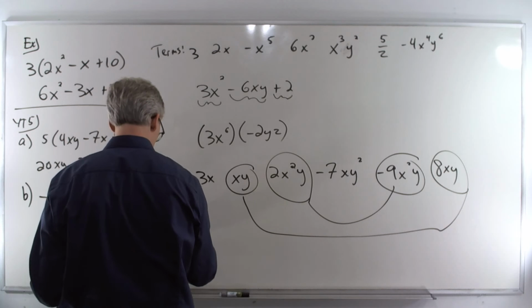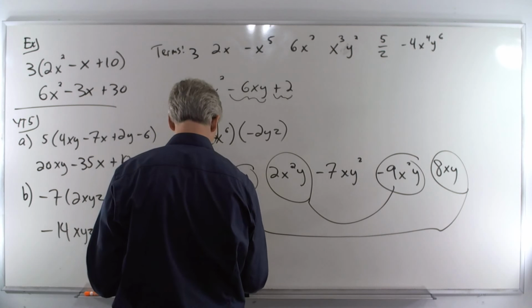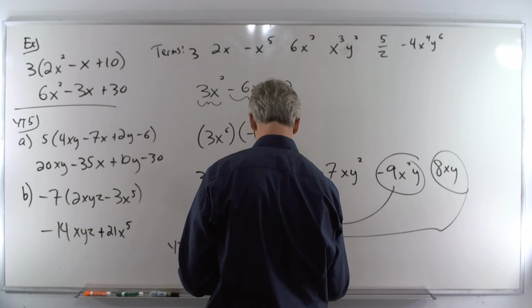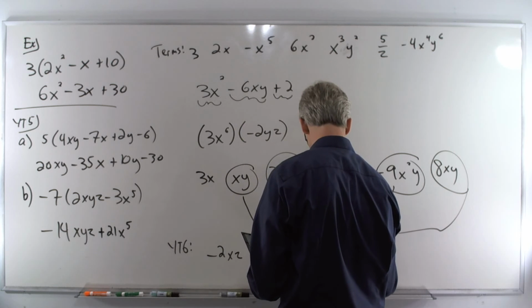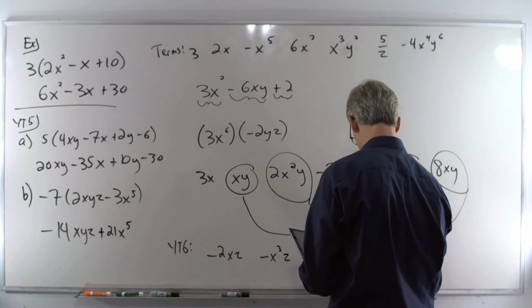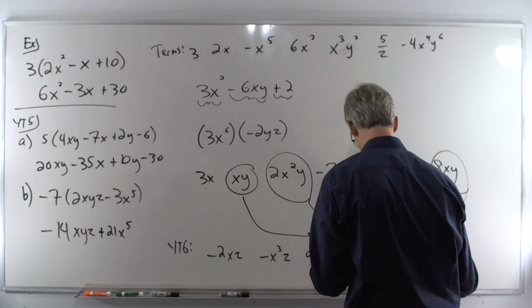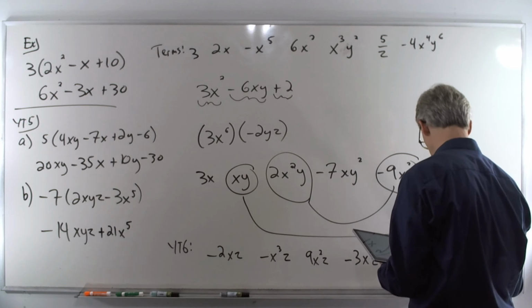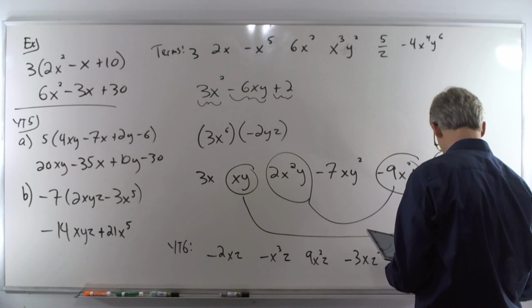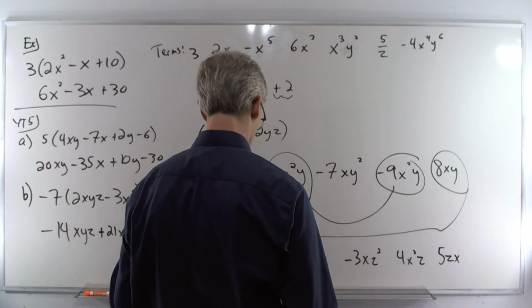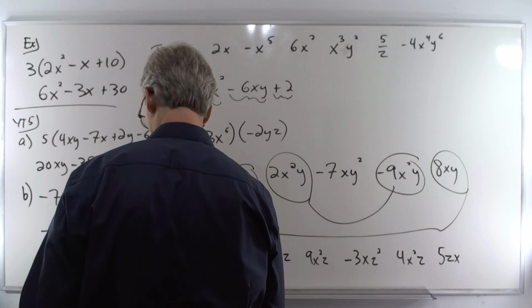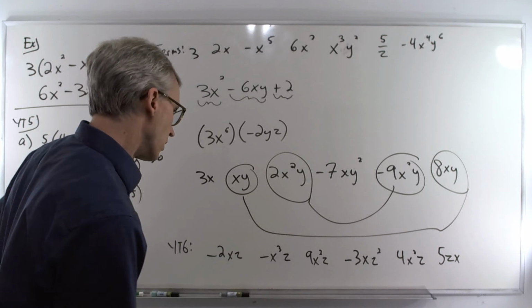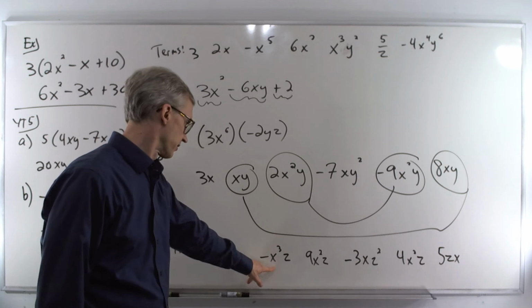Your turn, number 6. Find the pairs of like terms. Well, this one has a 3 exponent, nothing else does, so that can't be one of them.